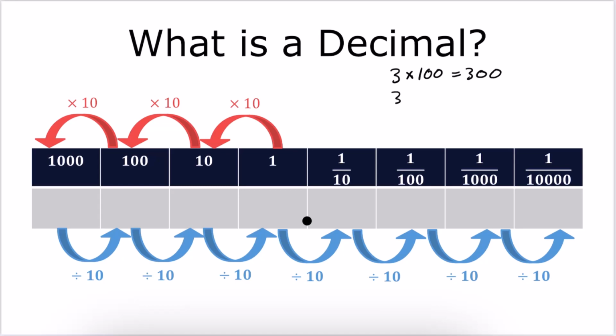And if I did 3 divided by 1,000, that would be the same thing as dividing 3 by 10 three times, which would put me in the thousandths place value, and this would equal 0.003.